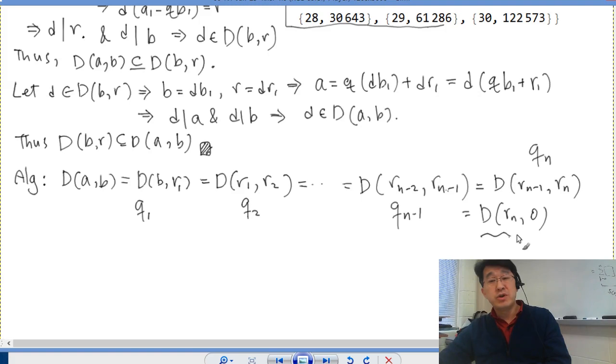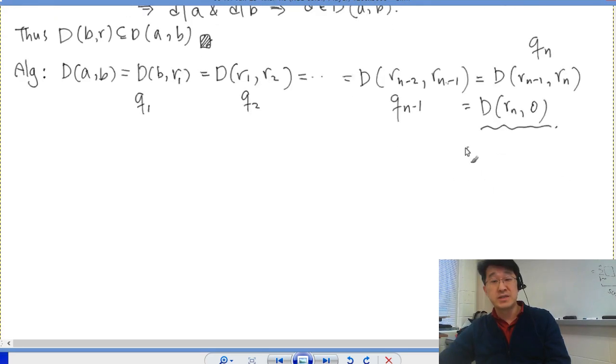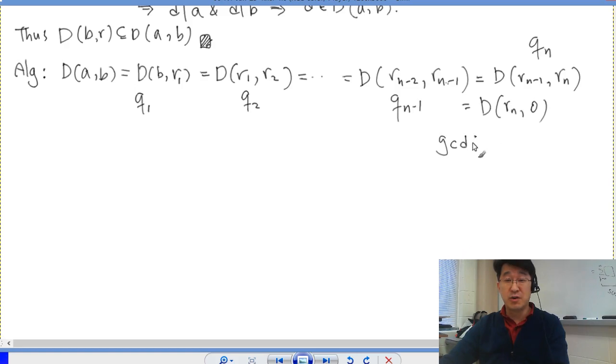And when you reach this one in here, think about it. What is the set? It's a divisor of Rn, right? Anything that divides Rn is going to divide 0, right? So don't you think this is precisely the divisors of Rn, kind of disregarding 0? Is that correct? So what is the GCD of Rn and 0, you think?